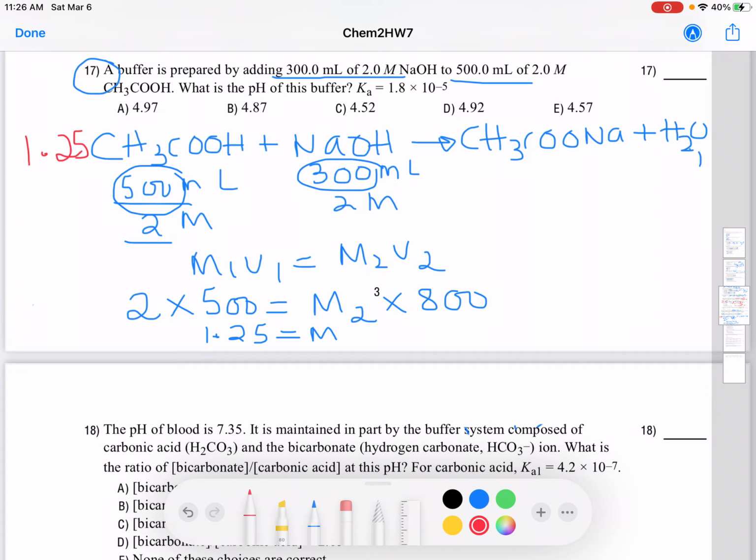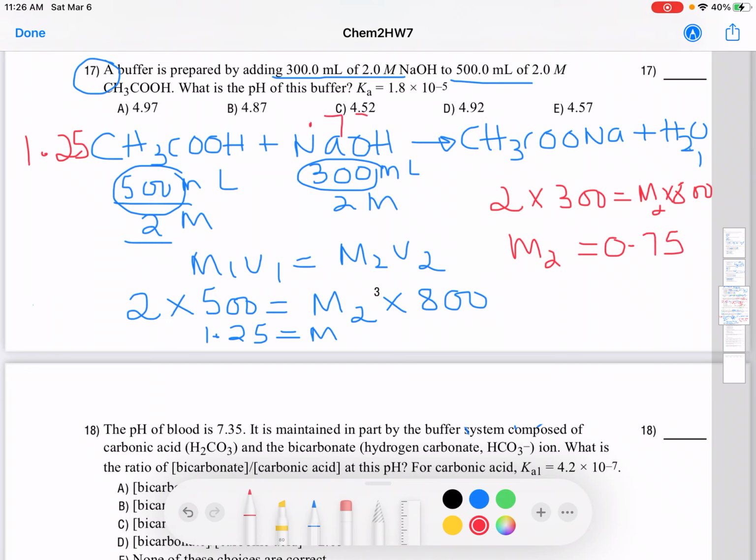Similarly, you find the concentration of sodium hydroxide using the dilution equation. M1 for sodium hydroxide is 2, volume 300, new concentration we don't know, and the volume is 300 plus 500, 800. So M2 is going to be 6 over 8, which is 0.75.